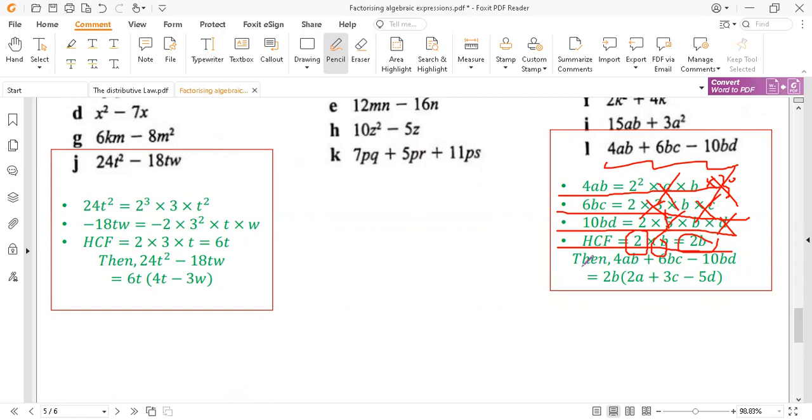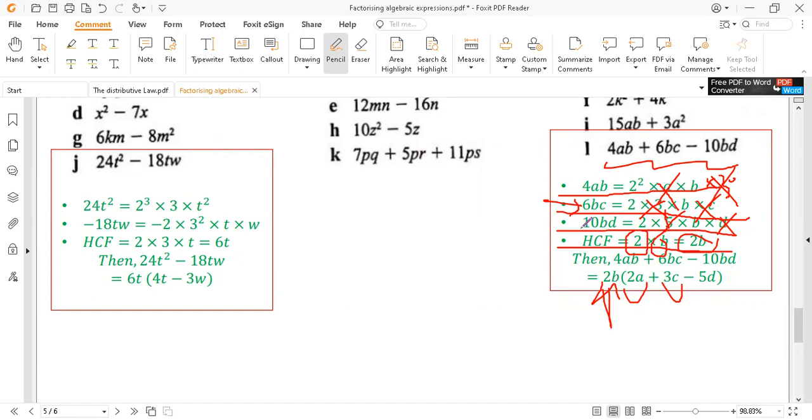So we take 2B outside the brackets. What we multiply by 2B to obtain 4AB is 2A. For 6BC, we take away 2B as in a division: we divide 6 by 2 to obtain 3, and we divide by B, simplifying by B, so it remains C, so 3C.